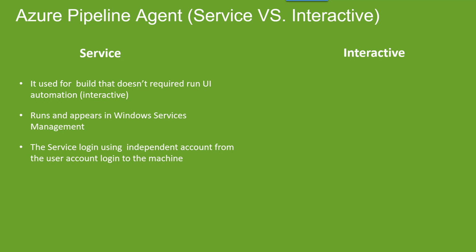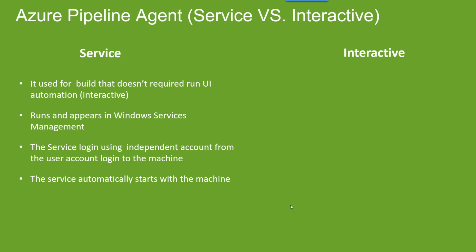The service logs in using an independent account, because maybe I will log into my machine using my account, but the build agent will use a different user account, maybe network service, or maybe even a different account. And usually, when I'm using UI automation, I will use a user account that will be used in the UI testing, and configure the build agent as a service with that account.